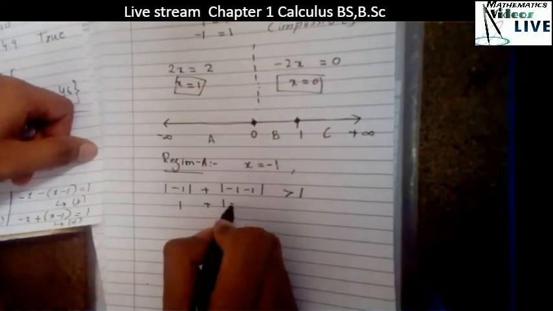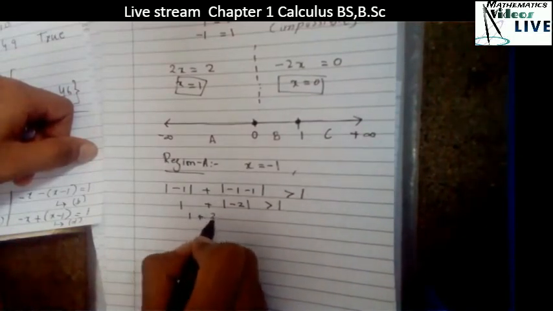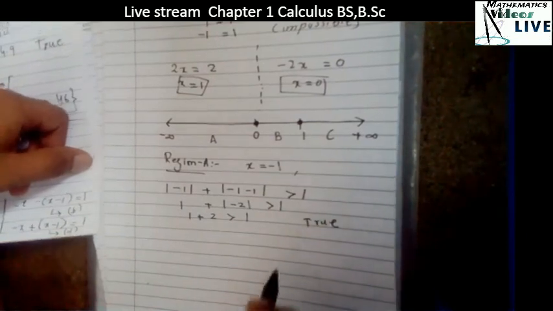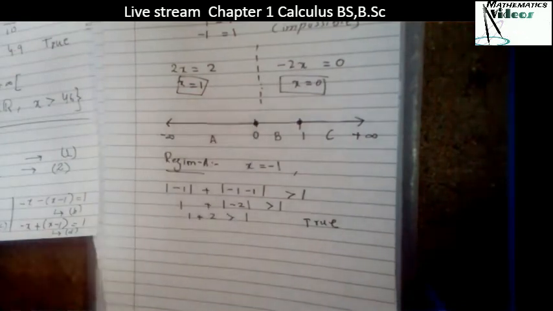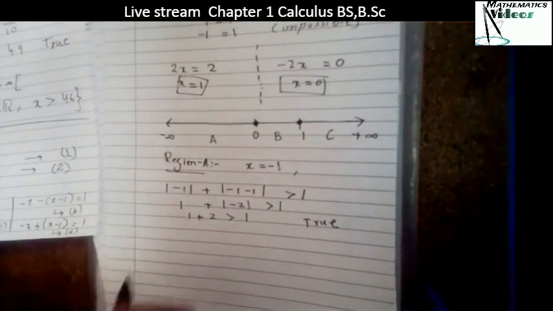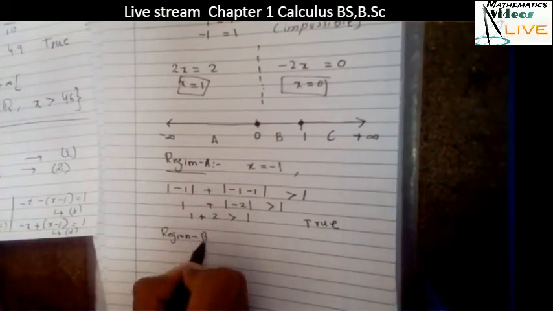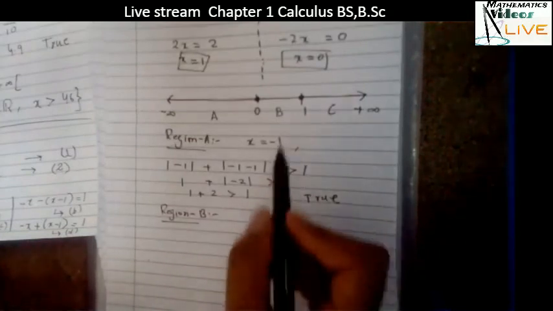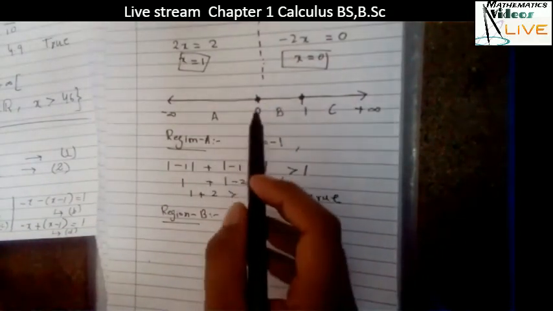Take a test point in this region. One of the test points is, for example, -1. You will simply substitute this in the given inequality, which is inequality 1. You will get the absolute value of -1 plus the absolute value of -1 is greater than 1.